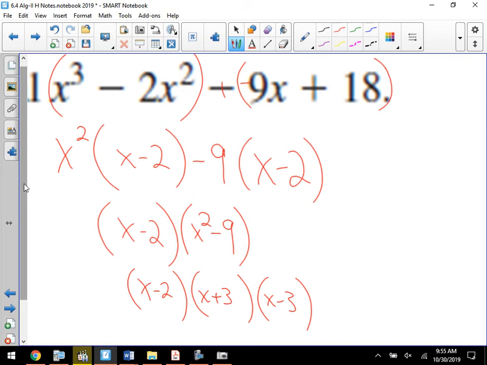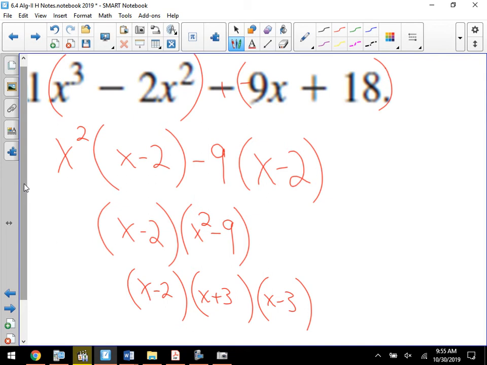It doesn't have an x is a really easy way of thinking about it, because if I substitute 0 for x, you get 0 minus 0 minus 0 plus 18. Otherwise known as 18. Okay? So your y-intercept is always the constant in one of these. Whenever there's a constant, no matter what your polynomial is, that's always your y-intercept.